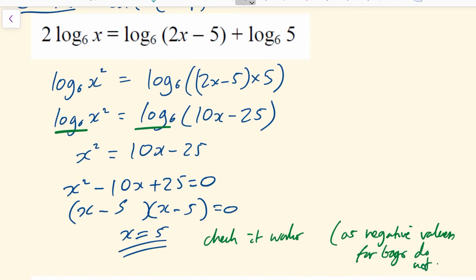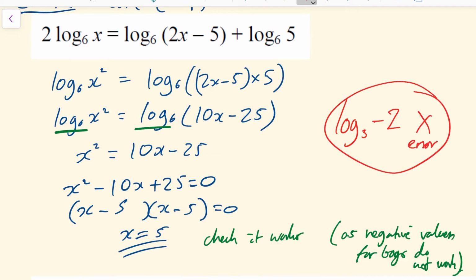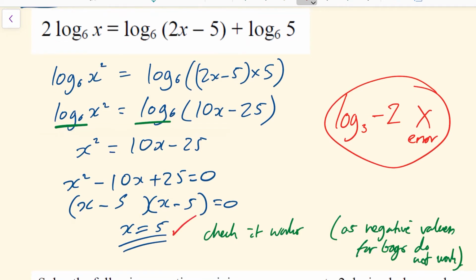Just to give an example of that, if you've got log to the base of, anything, 3 of -2, this is going to give you an error. So always check things work and they don't cause these errors through negatives. This one does work, so it's all good.